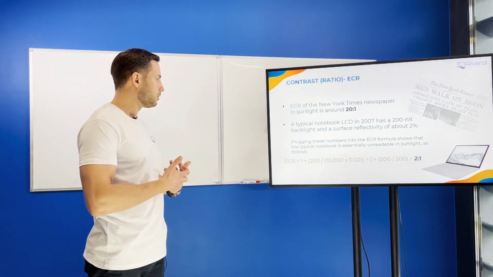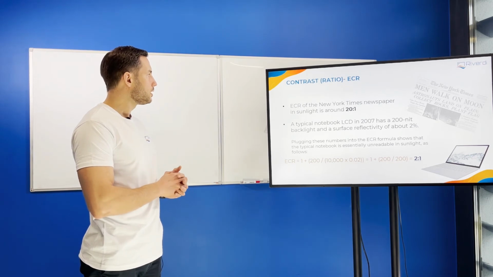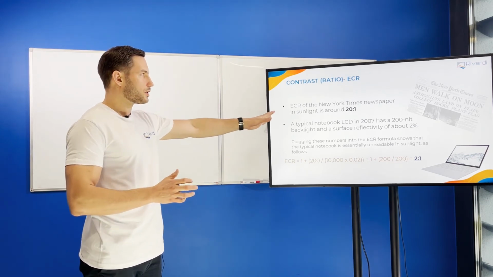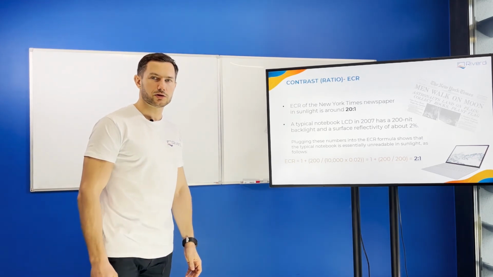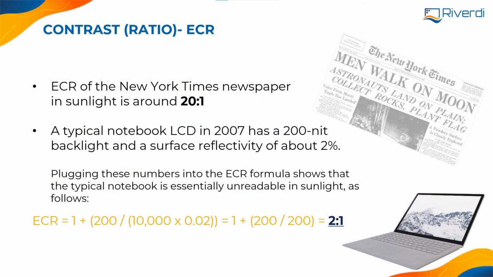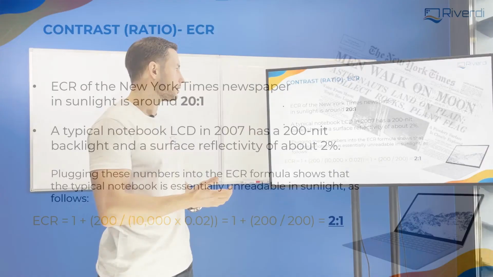So here we have some calculations. If we take the typical newspaper, we can expect a contrast of 20 to 1 in the sunlight, which is very low again, but perfectly readable, and we would say that the newspaper is one of the best that you can see and clearly read.